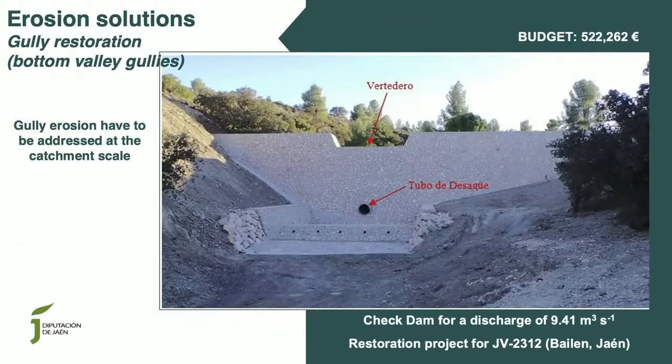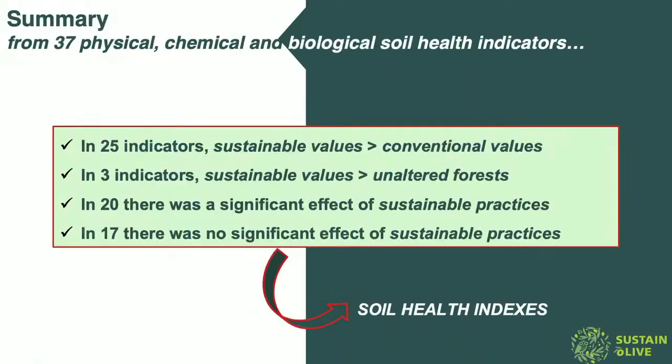But if the gully is a big gully, the question is that the control measures are very, very expensive. So it's almost impossible to get the budget to make this kind of project over the whole area affected by gullies in the Jaén province.